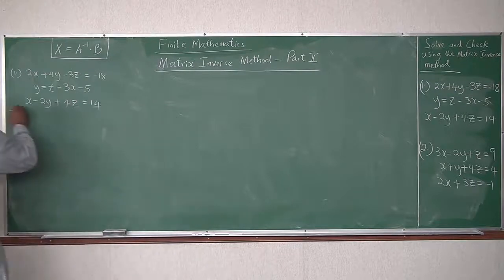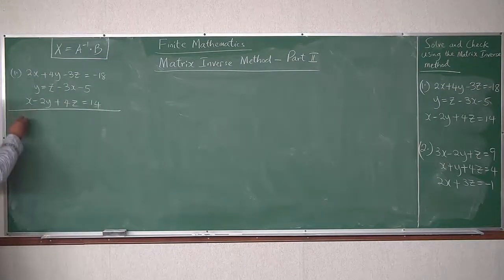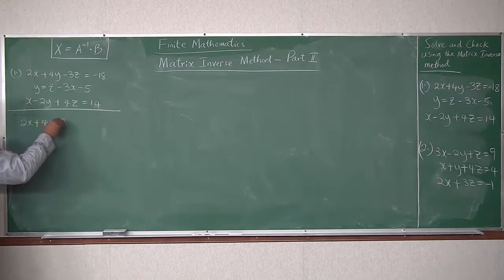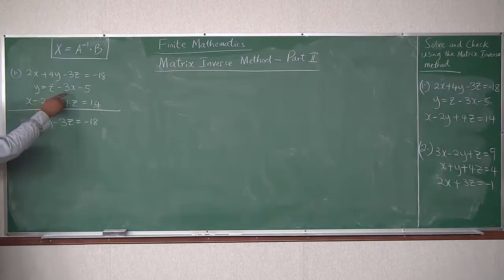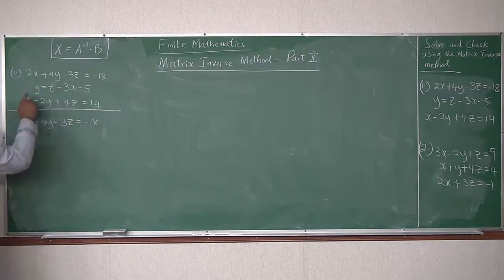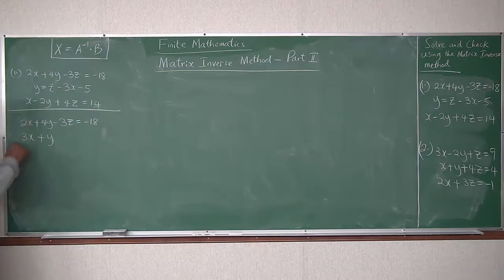So let's go ahead and align equation 2. We have 2x plus 4y minus 3z is negative 18. Now to align this, the minus 3x comes over here, it becomes plus 3x. Y is here already, so this is plus y.